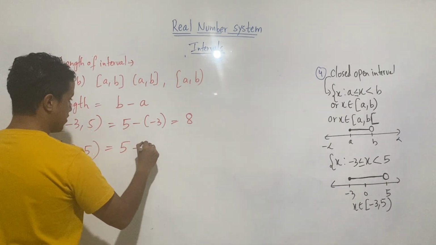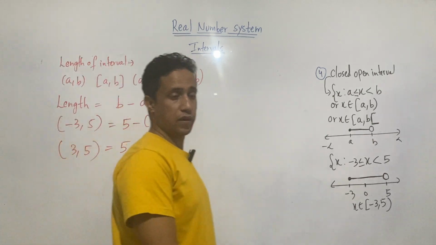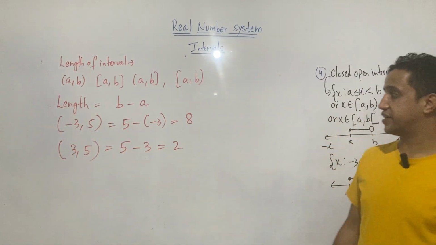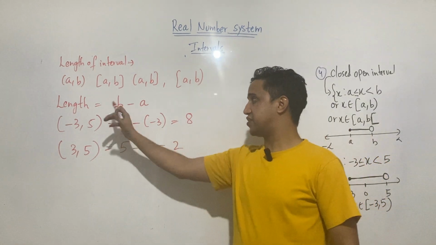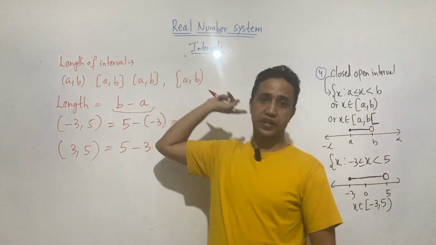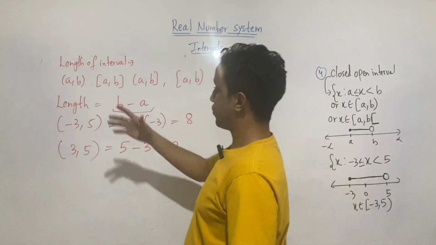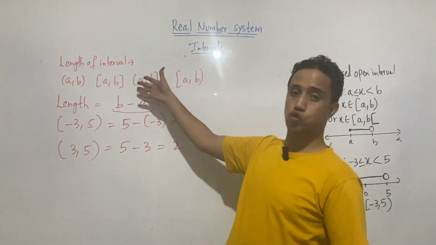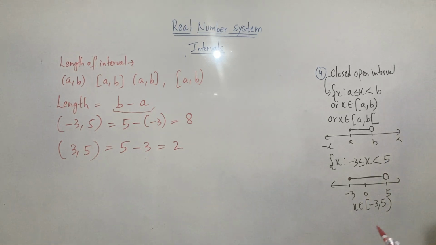It's going to be 5 minus 3, which is equal to 2. So I hope this is clear. Length of interval is b minus a, and it is the same for all intervals. It has nothing to do with whether your interval is open, closed-open or open-closed. Take note of this point.